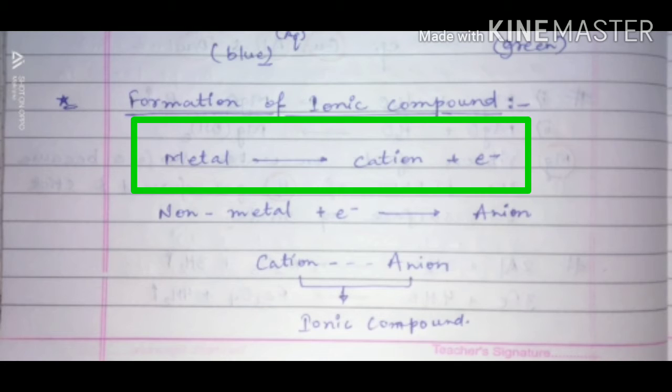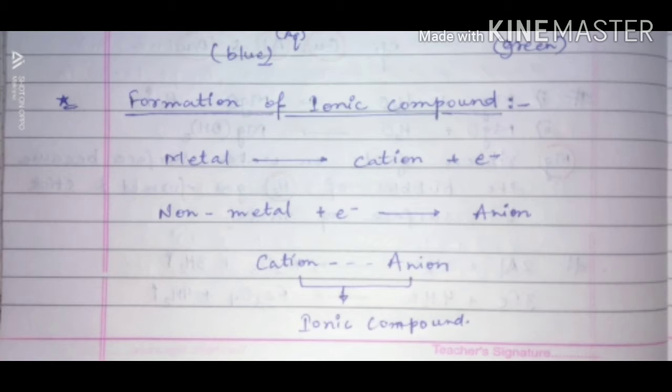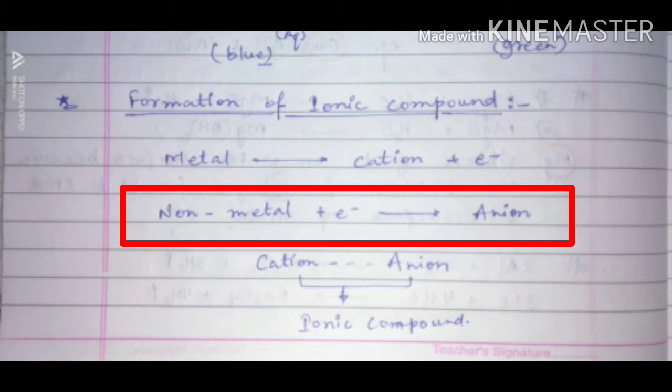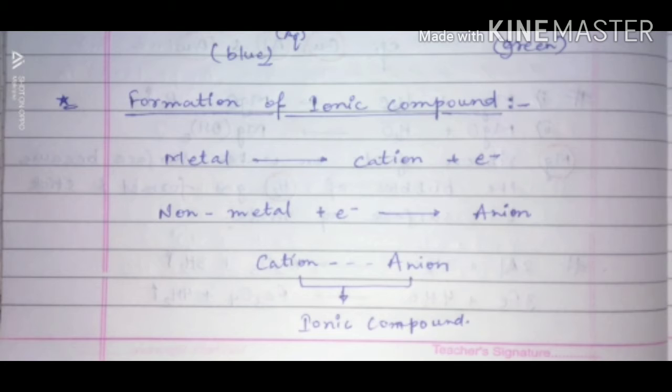This is the tendency of metals. Metals always release electrons. Non-metals usually gain electrons and form anions. And this cation and anion are attracted to each other by a specific attraction force, that is electrostatic force, and form the ionic compound.